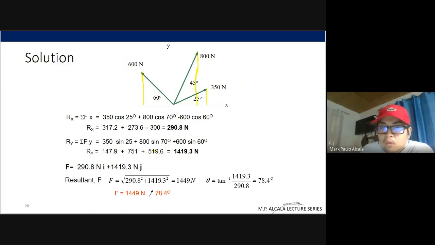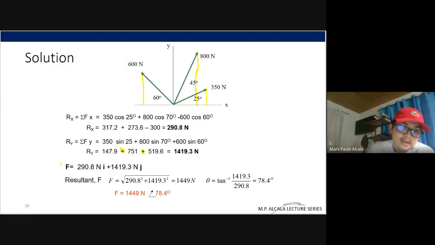Now, question: why don't we have a minus here? This is to the left. That is a trick question, okay? We need to deal only with up and down. So all of these are in the upward, positive y direction. Thus, all are positive. So, summing up everything, we get 1419.3 Newtons.